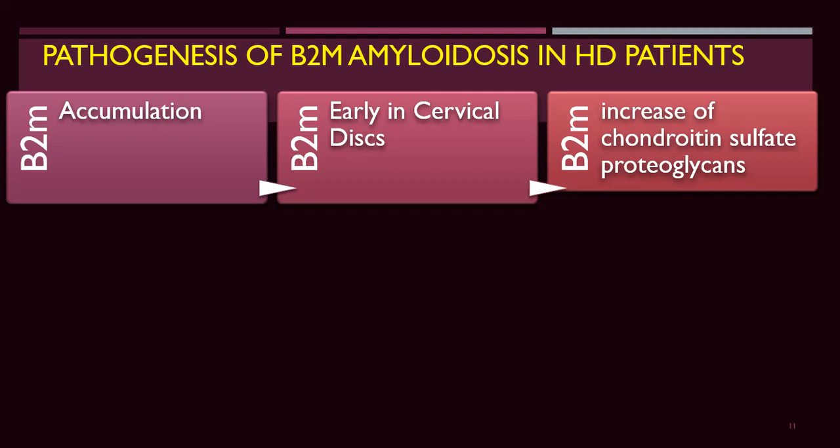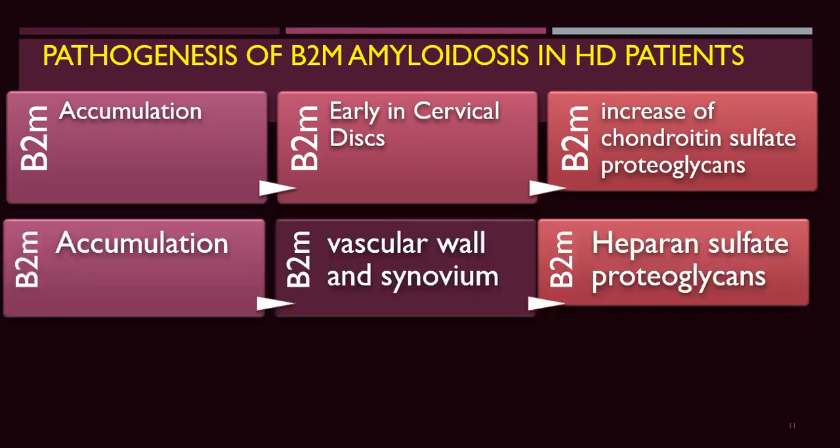which could occur early in the cervical disc because of increased affinity for chondroitin sulfate proteoglycans, and accumulation in the vascular wall and synovium due to affinity to heparan sulfate proteoglycans.